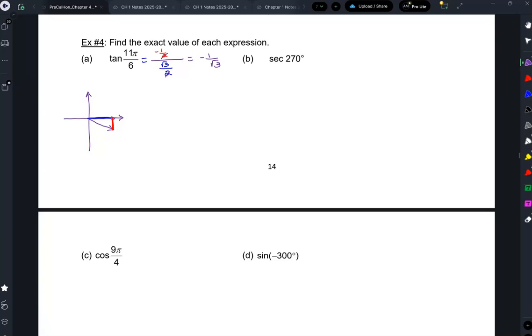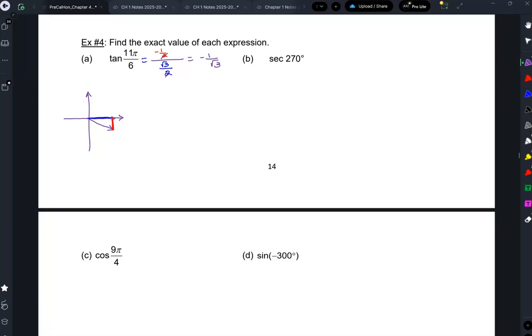The legs of the triangle for a 30, 60, 90 only have two possible sides: the half, and the root 3 over 2. In this case, clearly this is the small side, it's a half, and this is the large side, it's root 3 over 2. So when I see this, I'm like, okay, small side 1/2, large side root 3 over 2. This goes down, so it's negative.